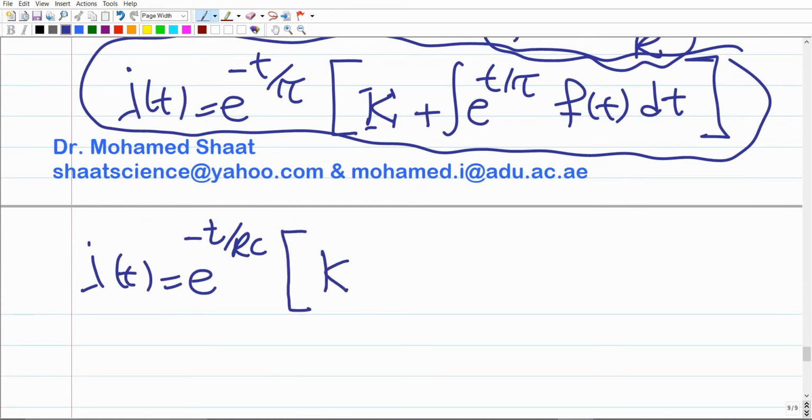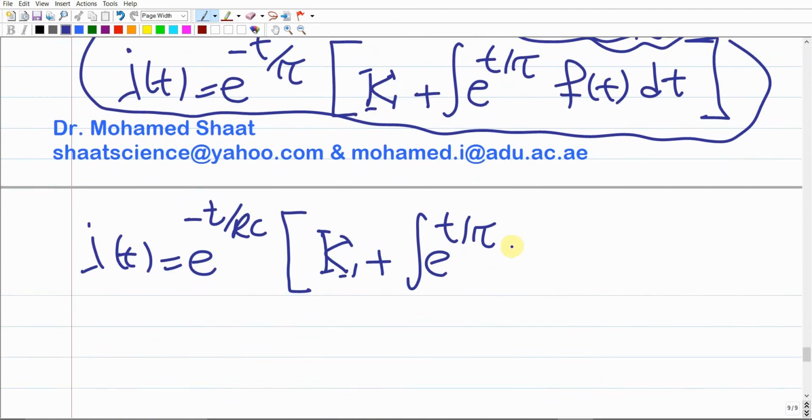Times K, which is a constant to be found, plus the integration of e to the power t over tau times f, which is just a constant value, 10 over R. I can carry this 10 over R outside the integration because it is a constant, giving 10 over R times the integral of e to the t over tau dt.